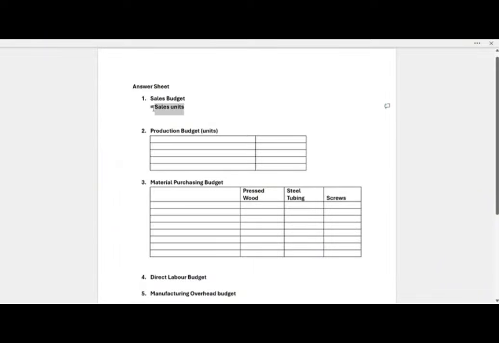I'm going to give you the formula. Sales units are the number of units to be sold or estimated to be sold in that year, multiplied by selling price per unit, or sales price per unit, right?